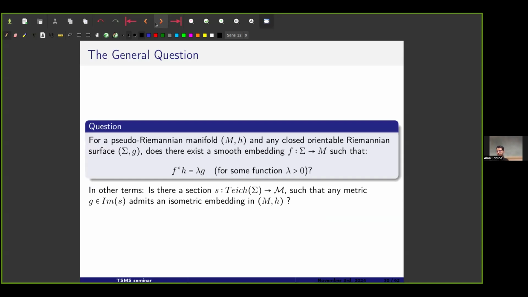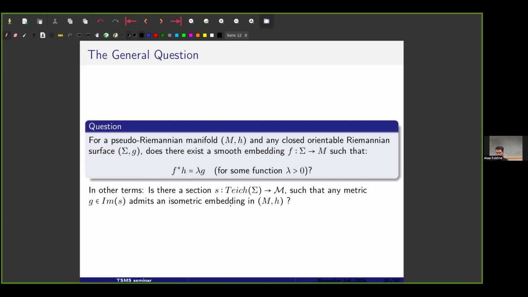So now let's ask the same question. Let's take a pseudo-Riemannian manifold and a closed orientable Riemannian surface. Can we find a smooth conformal embedding in this manifold M? Since we are talking about a conformal embedding, the induced metric is Riemannian, and necessarily the embedding must be space-like.